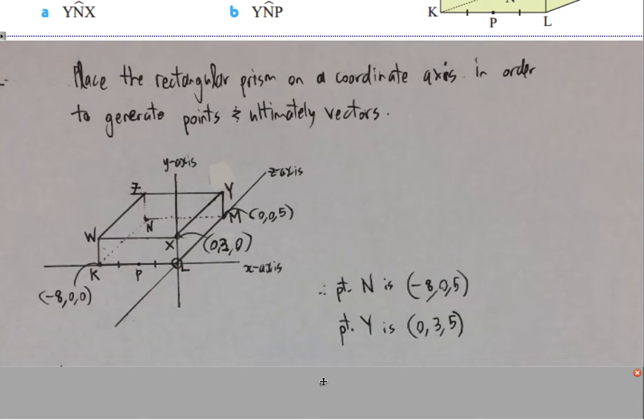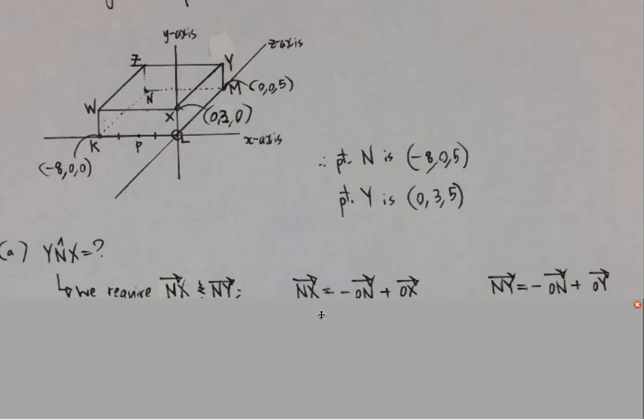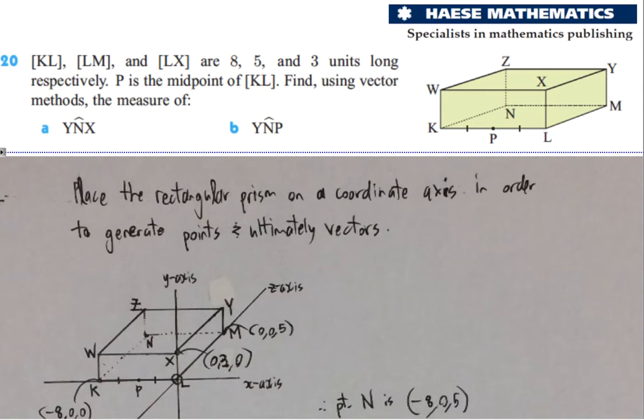Now, keep in mind we want to find an angle, and usually when we're finding an angle using vector methods, that involves the scalar product from our formula booklet. So we need the vectors that actually create that angle, YNX. So I'm going to try to draw to give you a better idea of YNX.